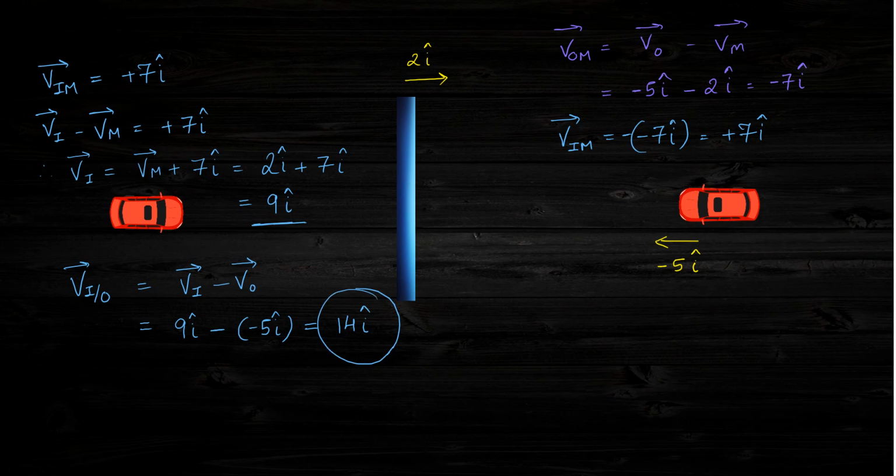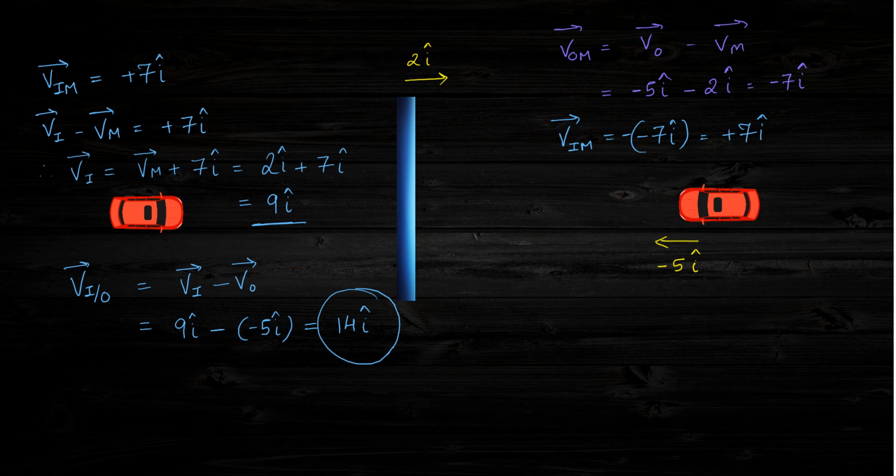Now there is an interesting shortcut to find this out. Let's say we are the mirror, then the relative velocity of the image with respect to the object is going to be the same as if we are not moving with the mirror and we are stationary on the ground. So even if we were moving with respect to the mirror or stationary with respect to the ground, the object and the image are approaching each other at the same relative velocity.